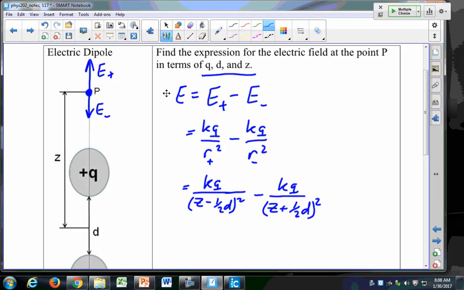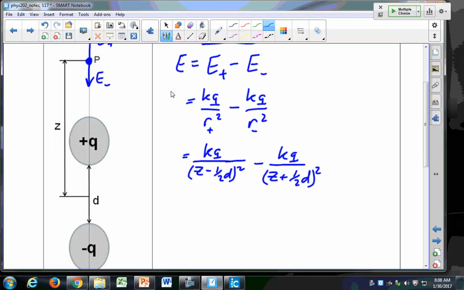I just took this distance from here to here, and said Z minus half the distance, because the point P is the same as this distance. We're just expressing these distances R in terms of Z and D, because those are our physical measurements: Z, the distance up to the point where we are, and then D.